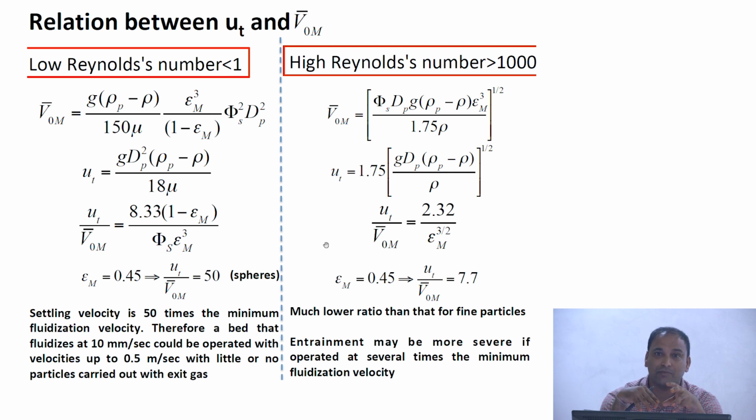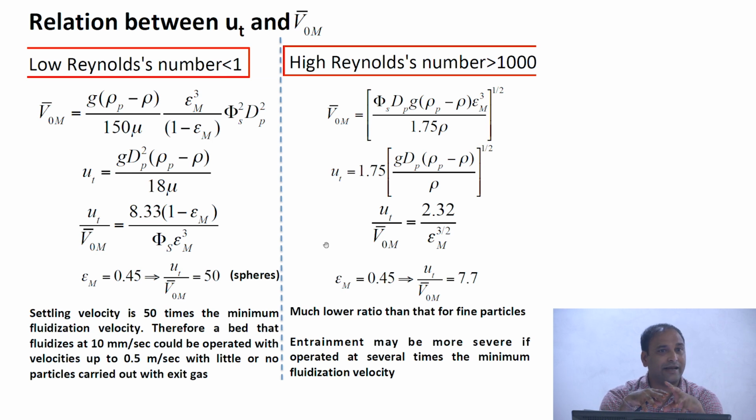If the fluid velocity is much higher than the terminal velocity, it will take out all the particles along with the fluid, and that is called entrainment. When some of the particles in the bed are carried along with the fluid, that's called entrainment, and you don't want entrainment to occur.